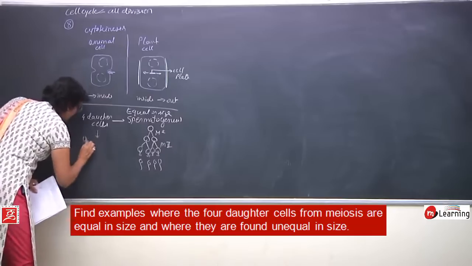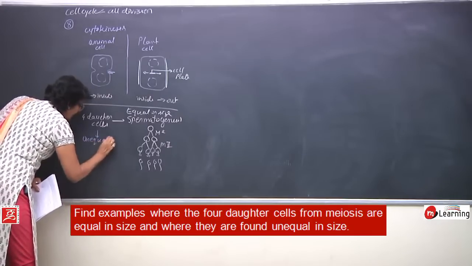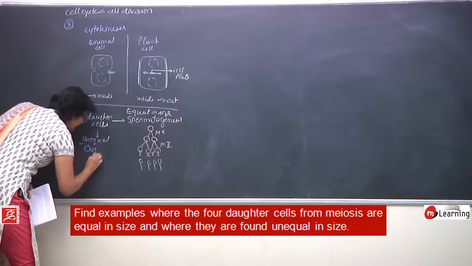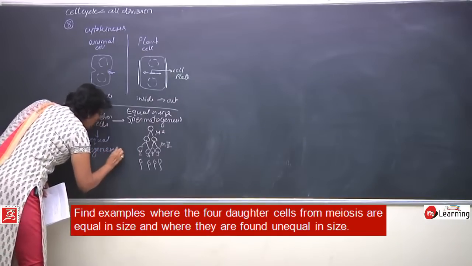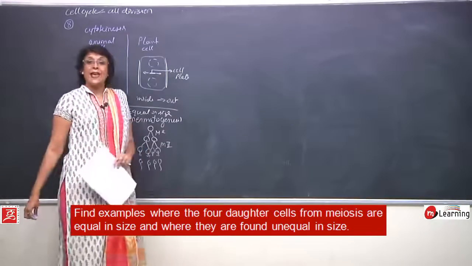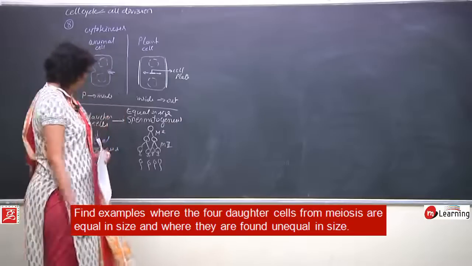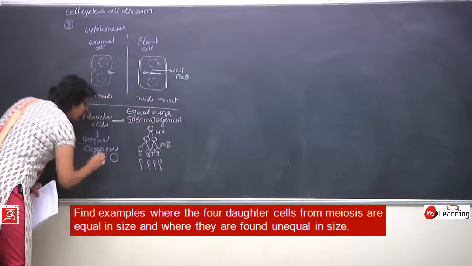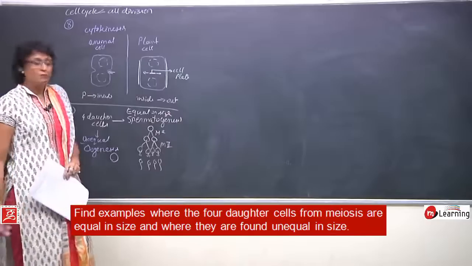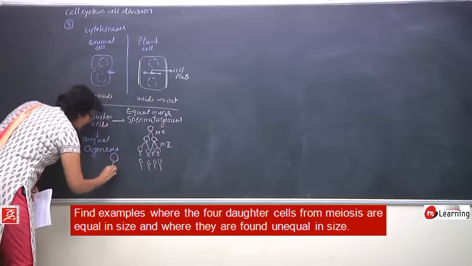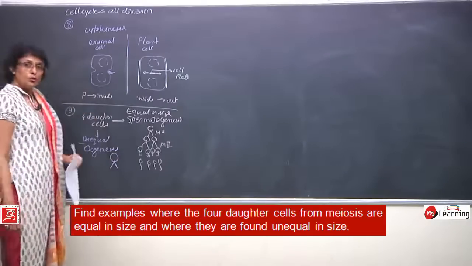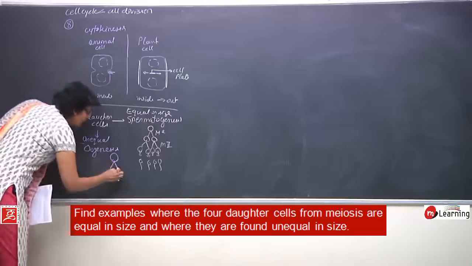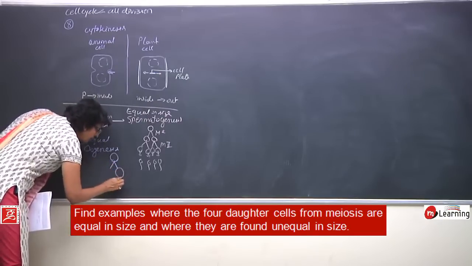Unequal are seen during oogenesis. Oogenesis is a process of egg formation where one egg mother cell, when it undergoes meiosis 1, produces 2 daughter cells, same as here, but the 2 daughter cells are of unequal size.